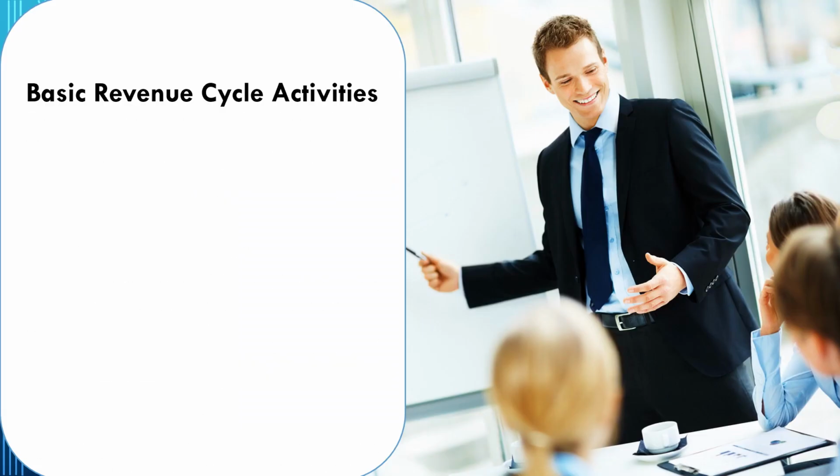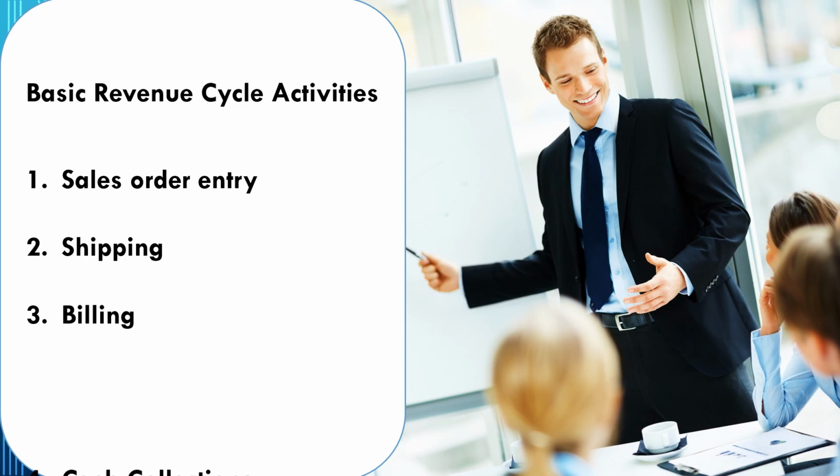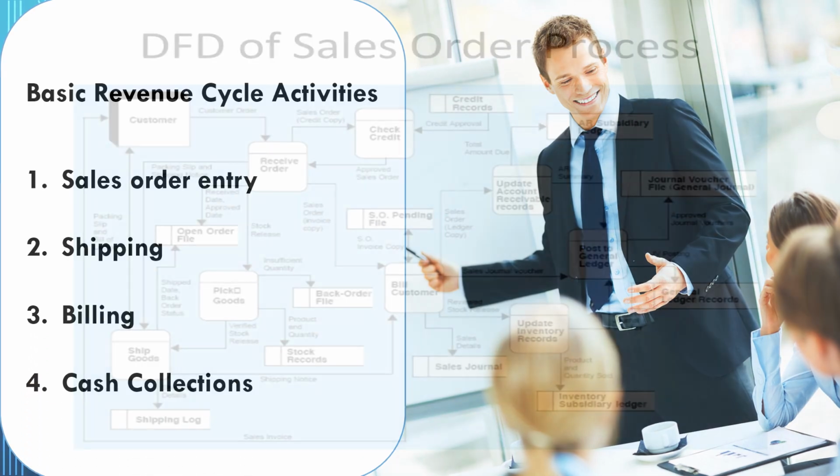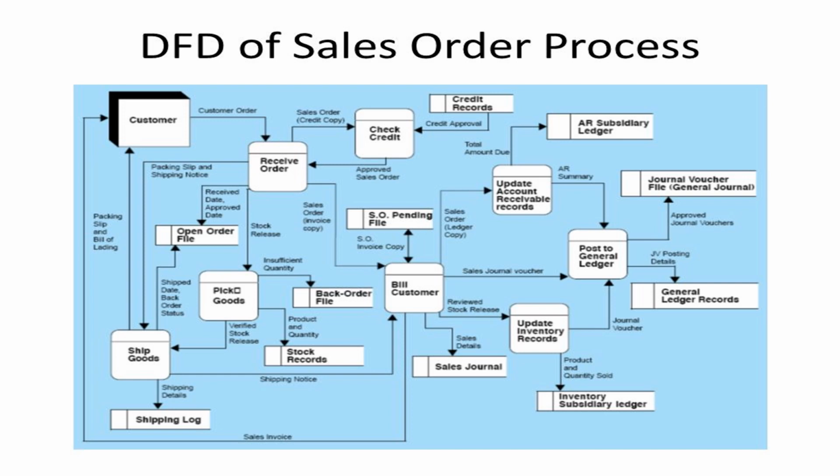Talking about the revenue cycle, we need to know the basic activities under the revenue cycle. Number one is starting from sales order entry, then shipping and billing activity and cash. Here we have the DFD of sales order process.